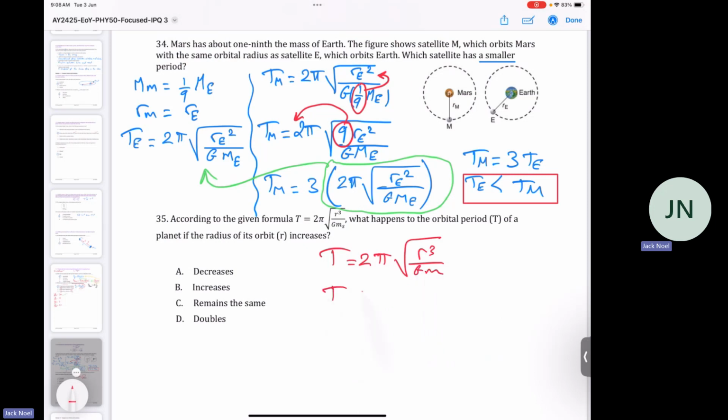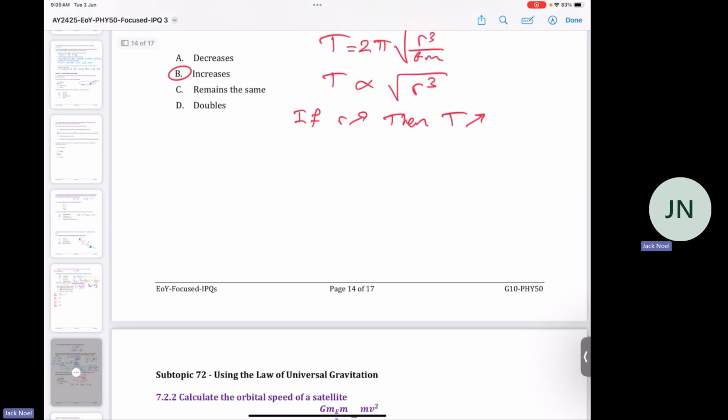I can clearly see that T is proportional to the square root of r cubed. So if they said r increases, then T would also increase, right? That's the answer.